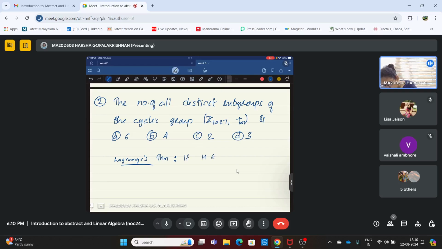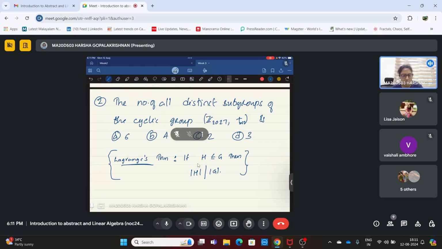If H is a subgroup of G, then the order of H, that is the cardinality of H, divides the cardinality of G. So now I think you can answer this question easily using this theorem.